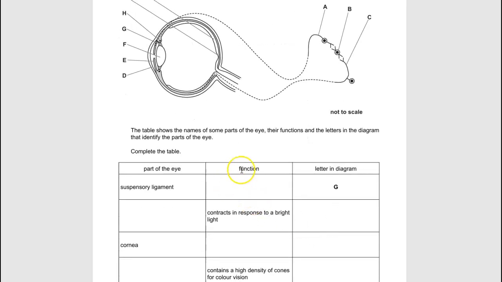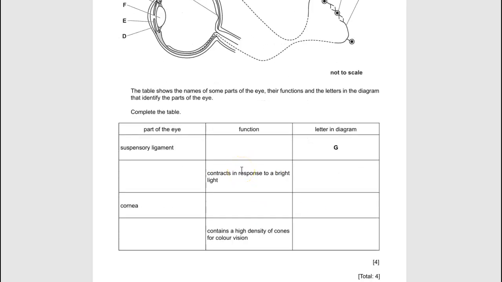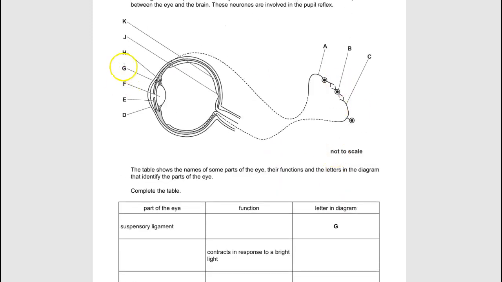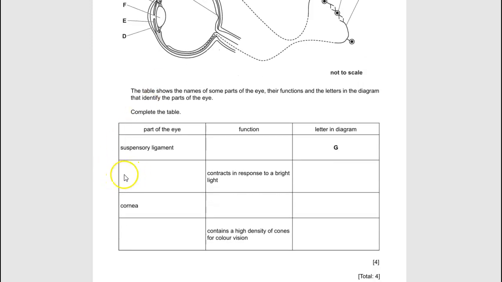So the function answer is the suspensory ligament holds lens in place, which is also the diagram G. You can see G over here. And this is circular muscle.